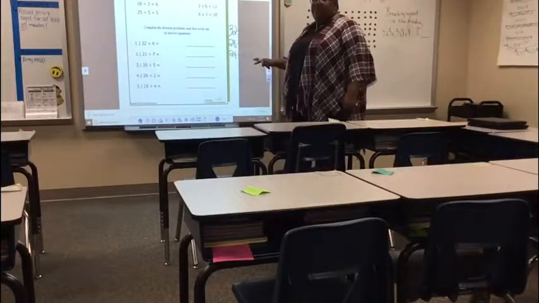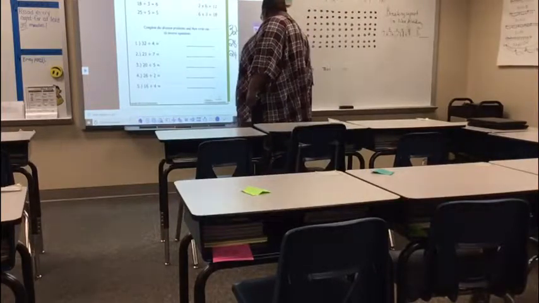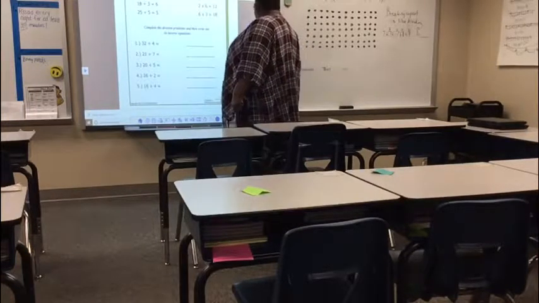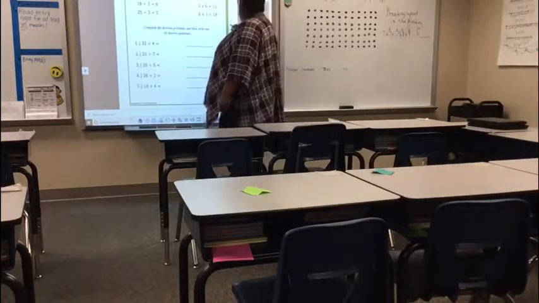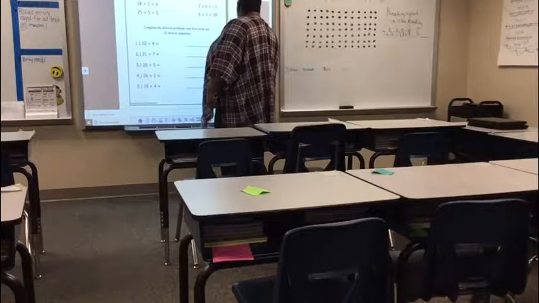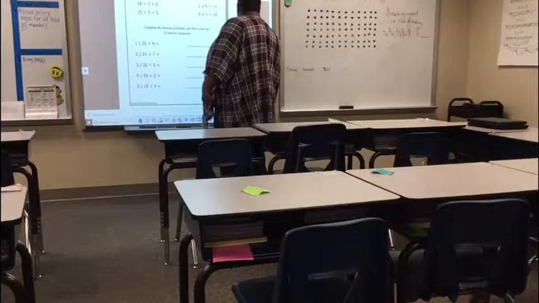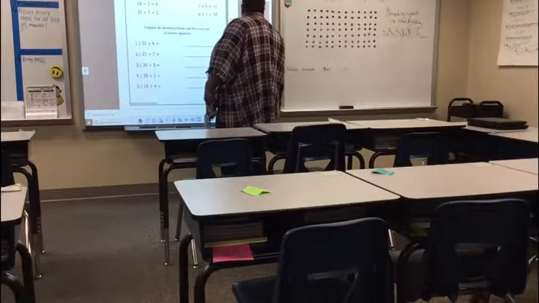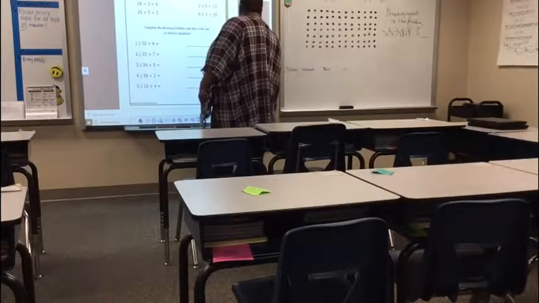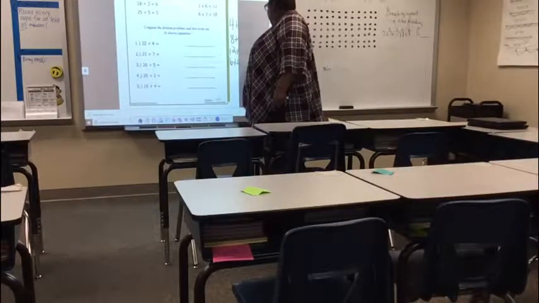So repeated subtraction is another strategy that we could use, or we could use 4 plus 4 equals 8, and 8 plus 4 equals 12, and 12 plus 4 equals 16, and 16 plus 4 equals 20.